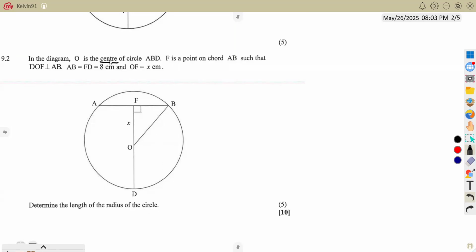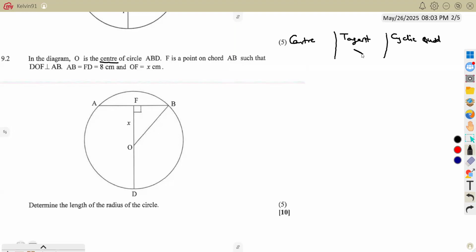According to what you are having here, for circles we are supposed to know that we have got center theorems, then tangent theorems, then cyclic quad theorems. We only have the center.